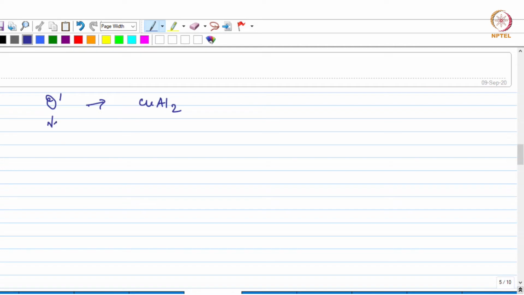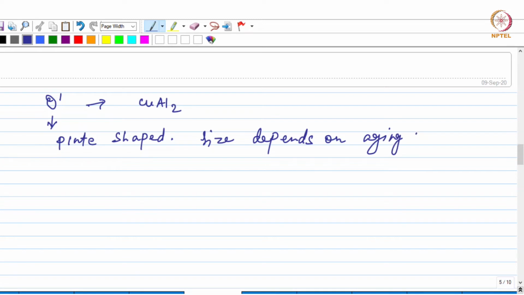And if you see their characteristics, these are plate shaped, and the size depends on the aging temperature and also the aging time.